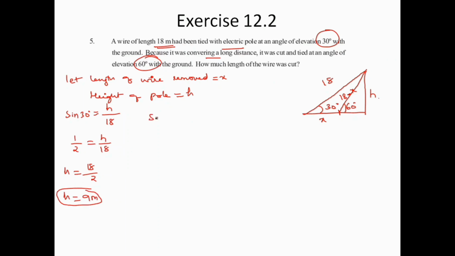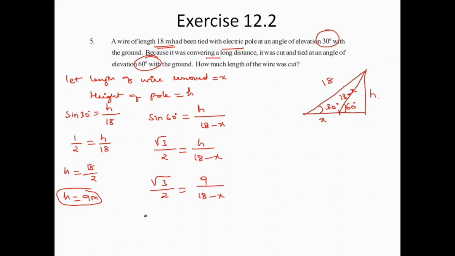Similarly, the next one: sine 60 degrees equals h by 18 minus x. Sine 60 is root 3 by 2, equals h by 18 minus x. I'm substituting the value of h now: root 3 by 2 equals 9 by 18 minus x.